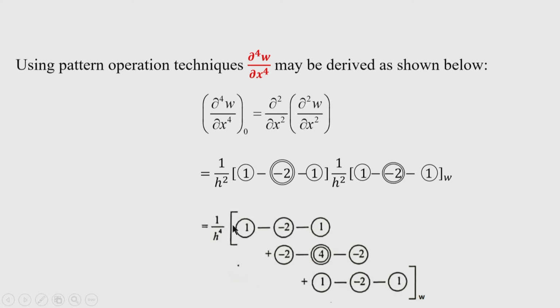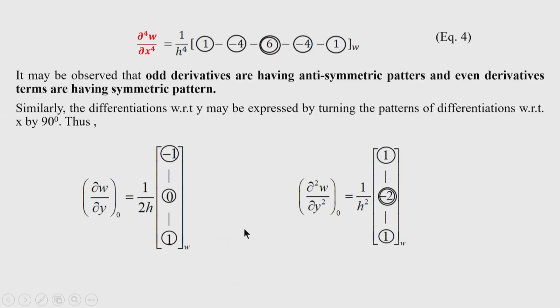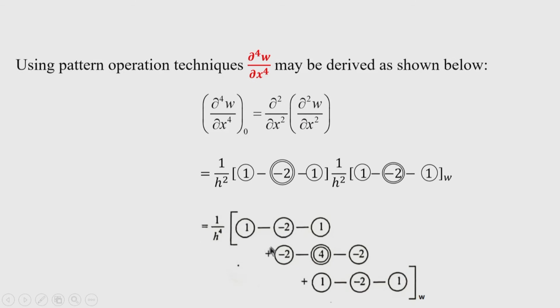So, this quantity will be 1 by h to the power 4 bracket 1, minus 2 addition, addition not subtraction. So, addition: minus 2 and minus 2 is minus 4, and 1 plus 4 plus 1 is 6, then this term is minus 2 is minus 4, and lastly 1.